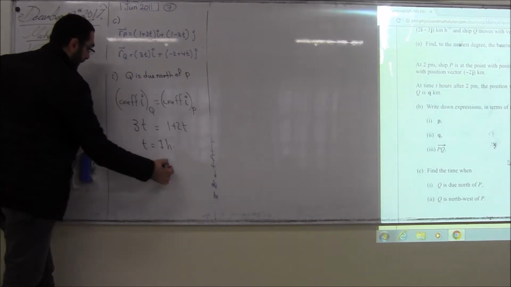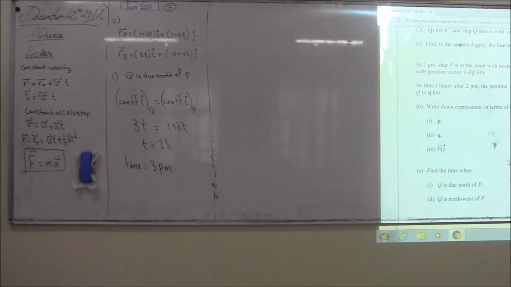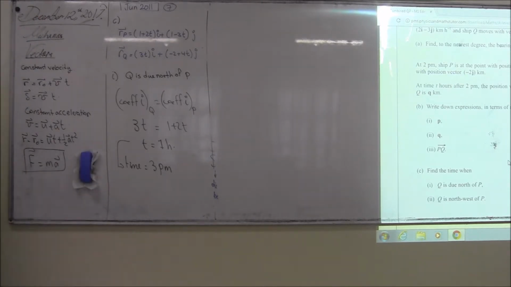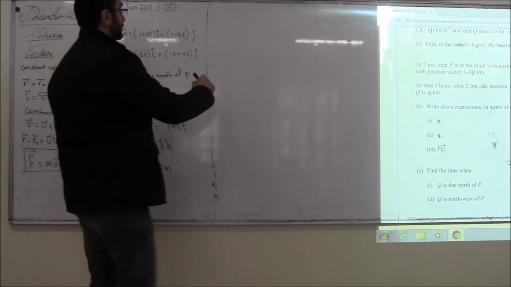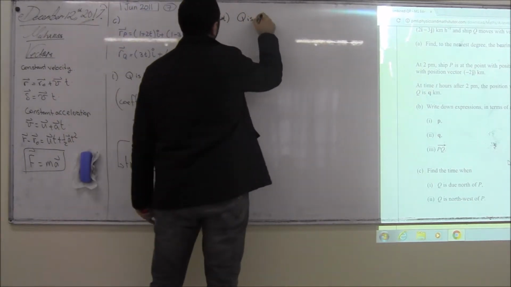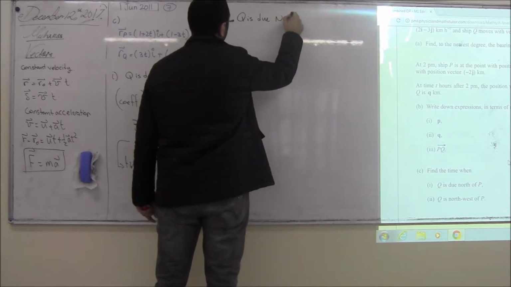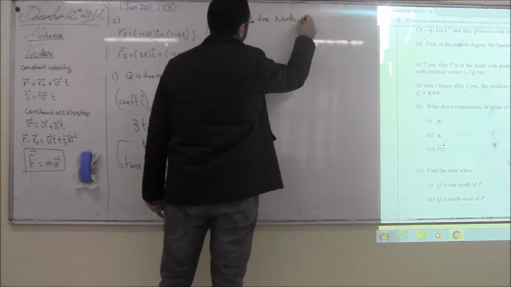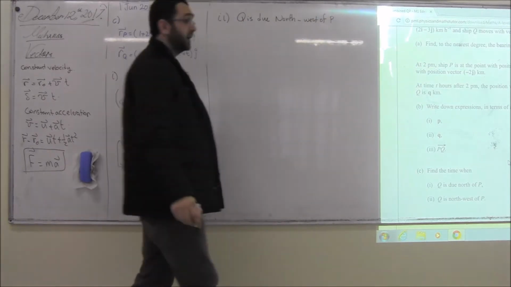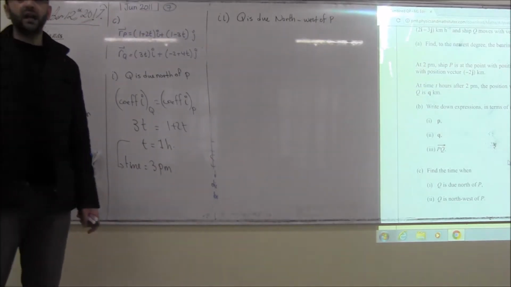1 hour. So the time is 3 p.m. Why 3 p.m.? Because the motion started at 2 p.m., and after 1 hour the time becomes 3 p.m. Clear? Okay. Look at part 2 in C: Q is northwest of P. What do I have to do?